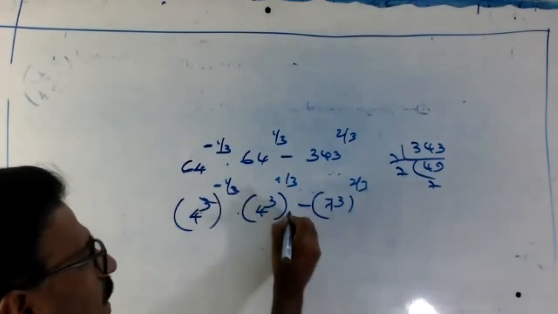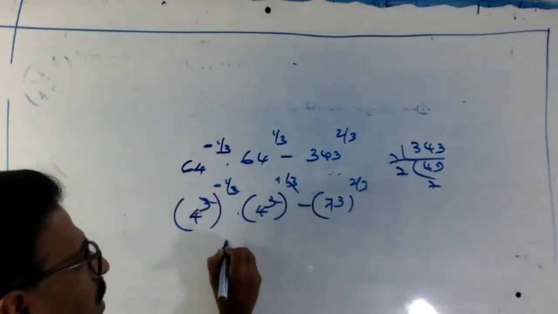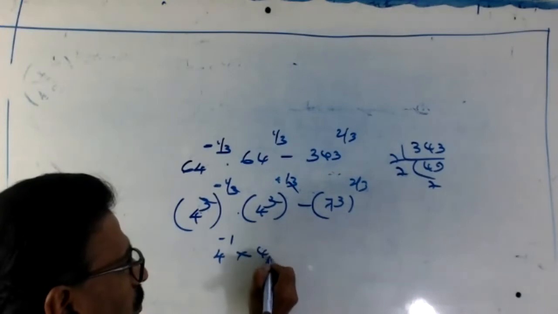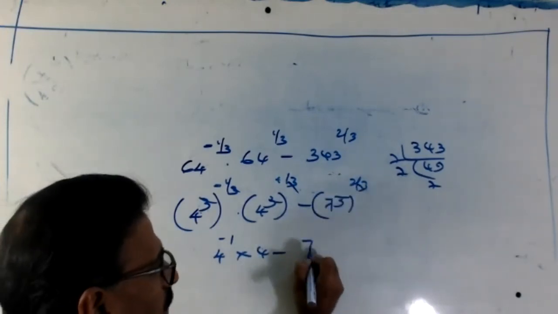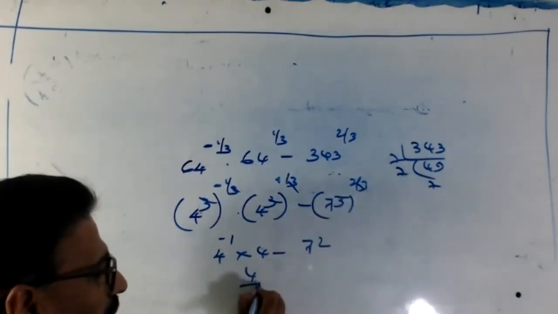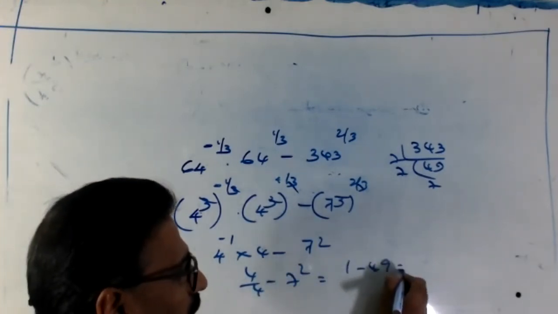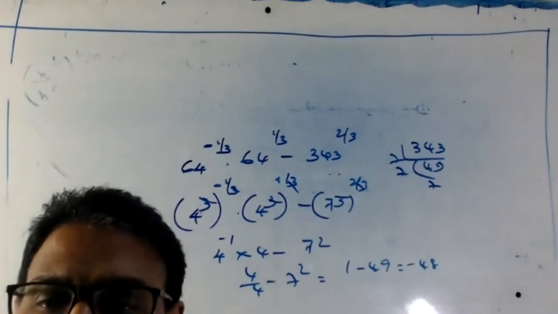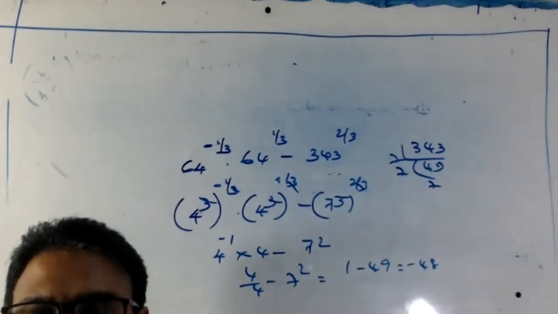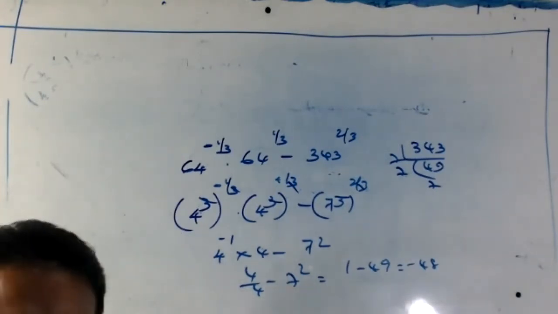This is cancelled. So 4 to minus 1 into 4 minus 3 cancel, 7 square. Maybe you did 4 by 4 minus 7 square. That is 1 minus 49 equals minus 48. This is all correct.